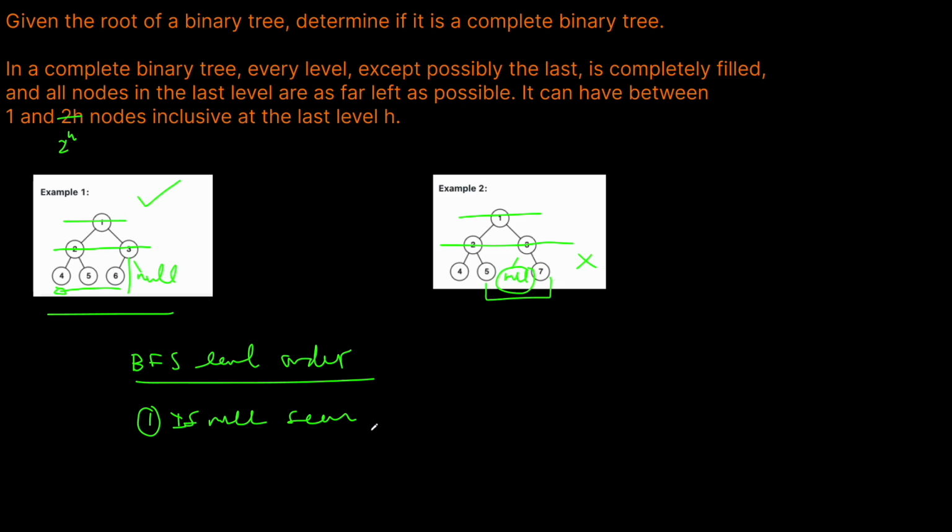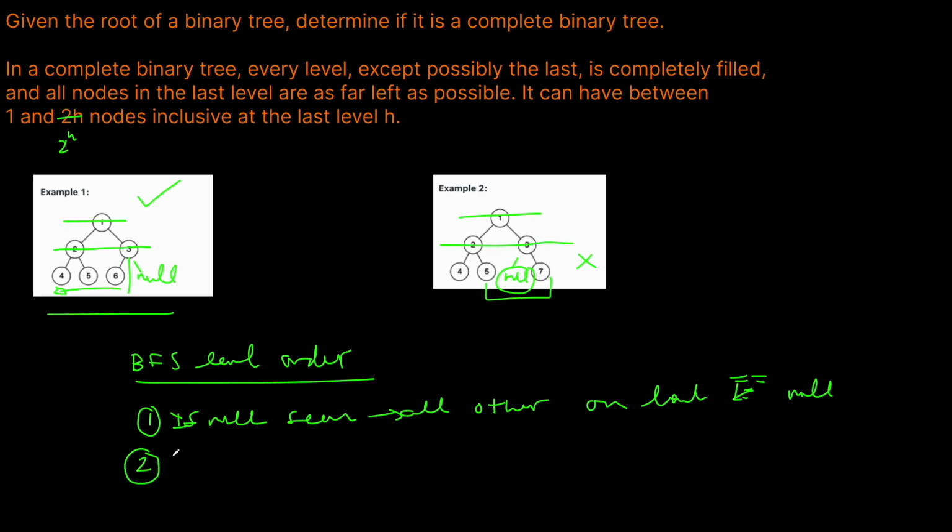If we've seen a null on a level, then all others on that level need to be null as well, right? Because if there is a null and then a non-null after it, we violate the fact that the nodes in that level need to be as far left as possible. So that needs to hold. If we've seen a null, then we can't see any other non-null nodes after that null on that level.